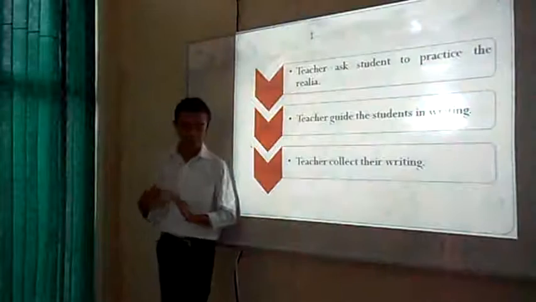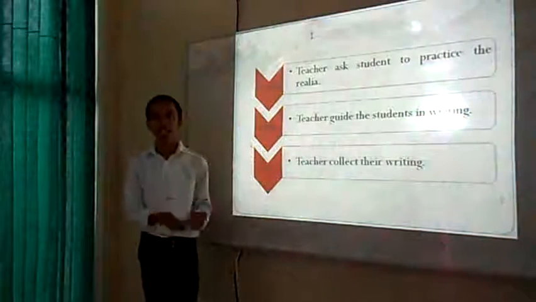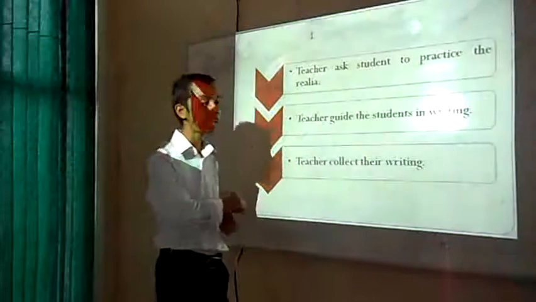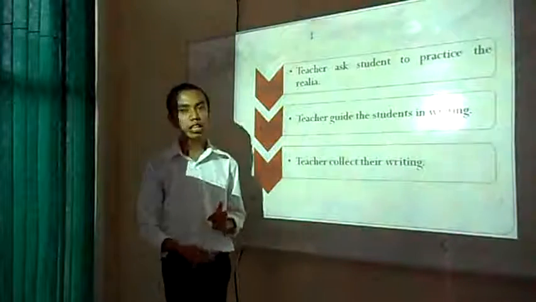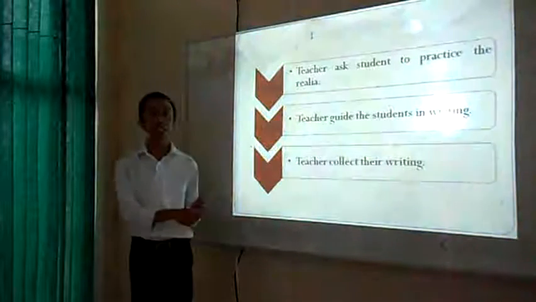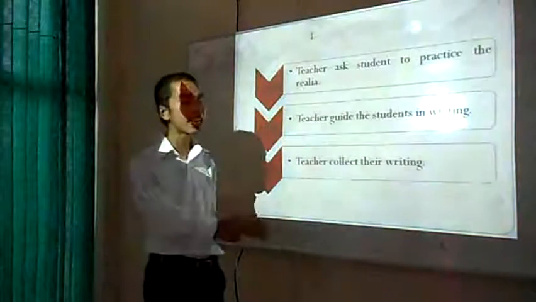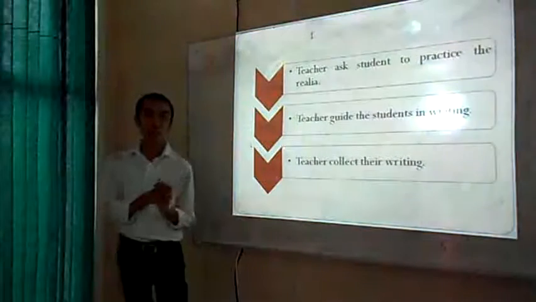And then teacher asks students to practice the procedure text with the title about how to make a cup of tea, and then teacher asks students to write a good paragraph based on the topic that's given by the teacher, how to make a cup of tea, and the last, teacher asks students to collect their paper.